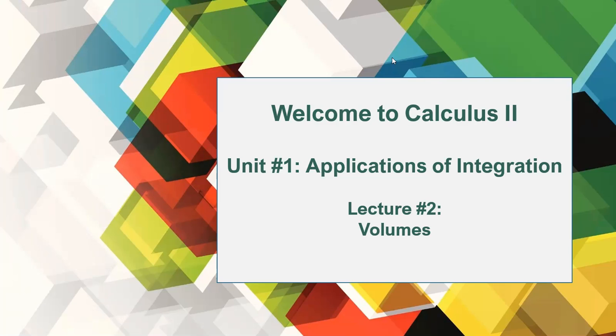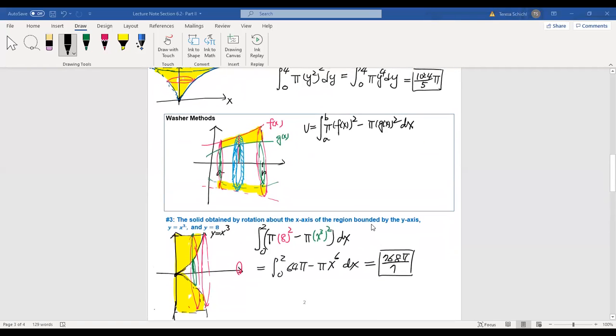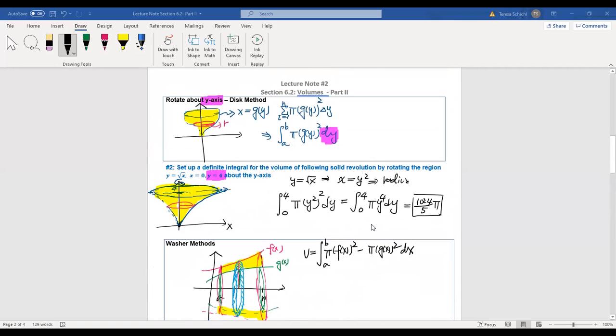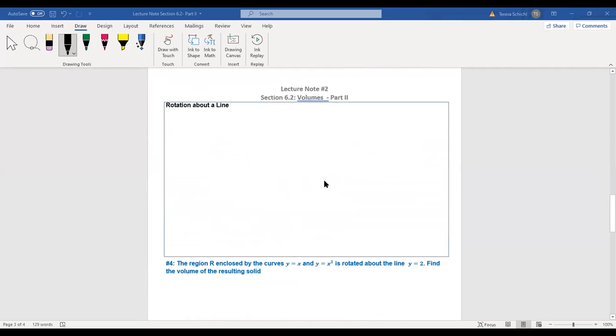All right, let's go back to our lecture notes. We stopped at example 3 in the first video, where we talked about the disk method and the washer method, and we highlighted a few things we did there.